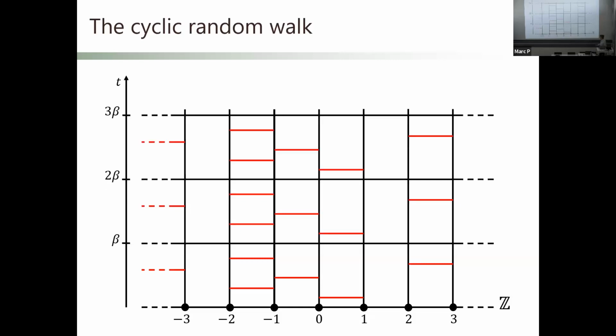Okay, and now if I want to work out where the path goes, I just draw a line where I go up, and every time I hit a red line, I jump to the other side and go up. And so you can follow where the path is going. And so 0 gets mapped to 1 at time beta, -2 at time 2 beta, and then back to 0 at time 3 beta. So in this example, it's in a cycle of length 3.